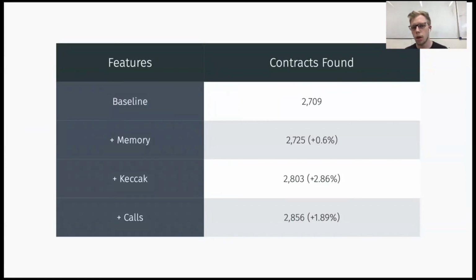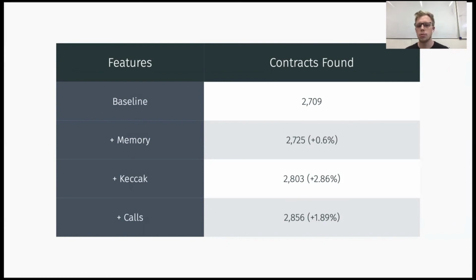To prove that we found more contracts not because of better engineering, but rather because of our techniques, we took a subset of the contracts, and the baseline refers to our tool analyzing that subset without our improvements turned on: memory, Keccak, and the inter-contract reasoning calls here.